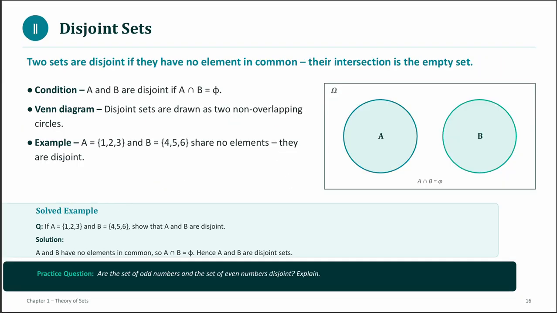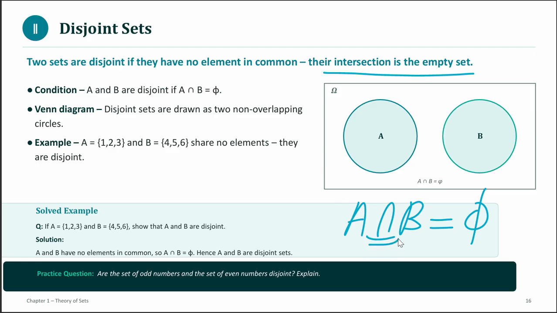Now, disjoint sets. Two sets are disjoint if they have no element in common. That is, their intersection is the empty set. So basically, what do I mean by intersection? That A intersection B is equal to phi. This is the symbol of intersection.